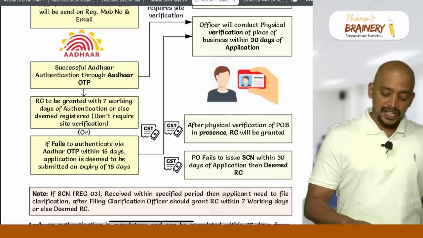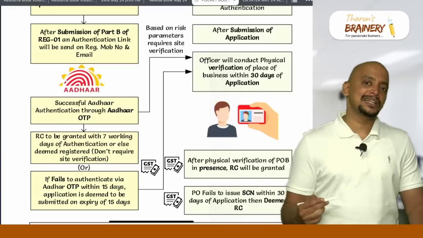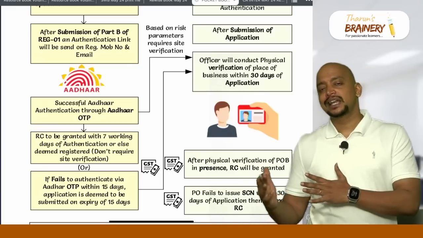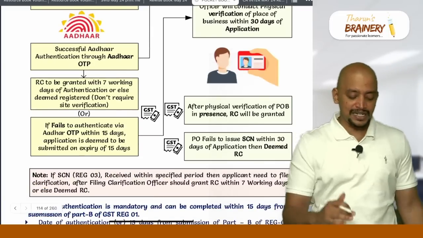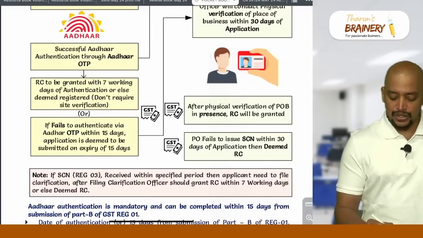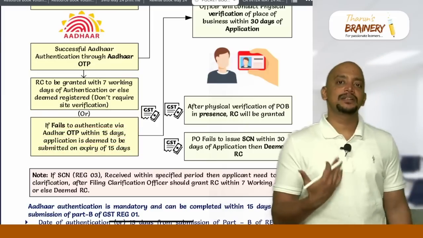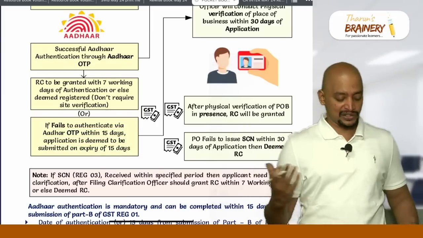But suppose we have completed the Aadhaar authentication and the officer is of the opinion, based on risk parameters, that site verification is required, they will take it for physical verification. Actually we need to complete the Aadhaar authentication within 15 days from the date we submitted part B, otherwise it is deemed that the application is submitted without Aadhaar authentication.